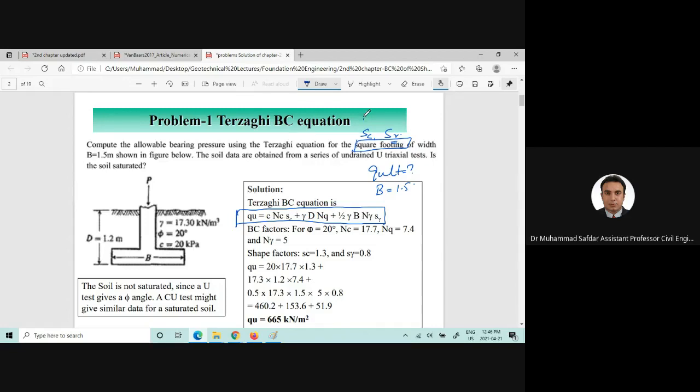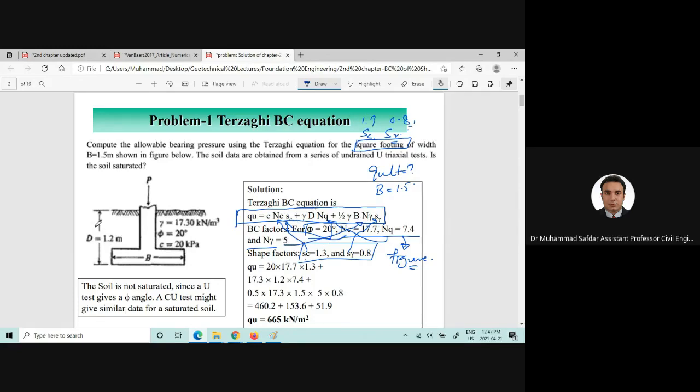Yes, if I remember correctly, it's like 1.3 and 0.8 something. Okay, it's given here as well. These are given, and the friction angle value, and then you can use the figure to find out the bearing capacity factors.